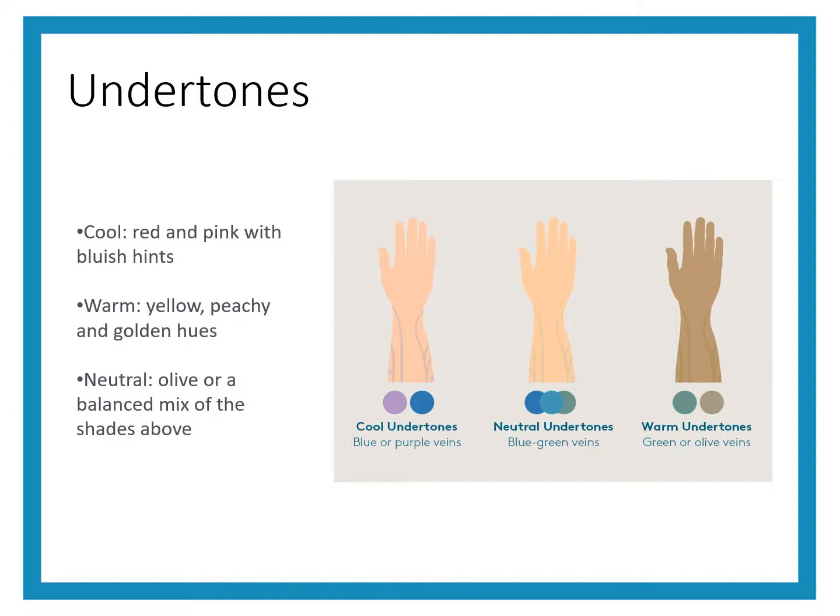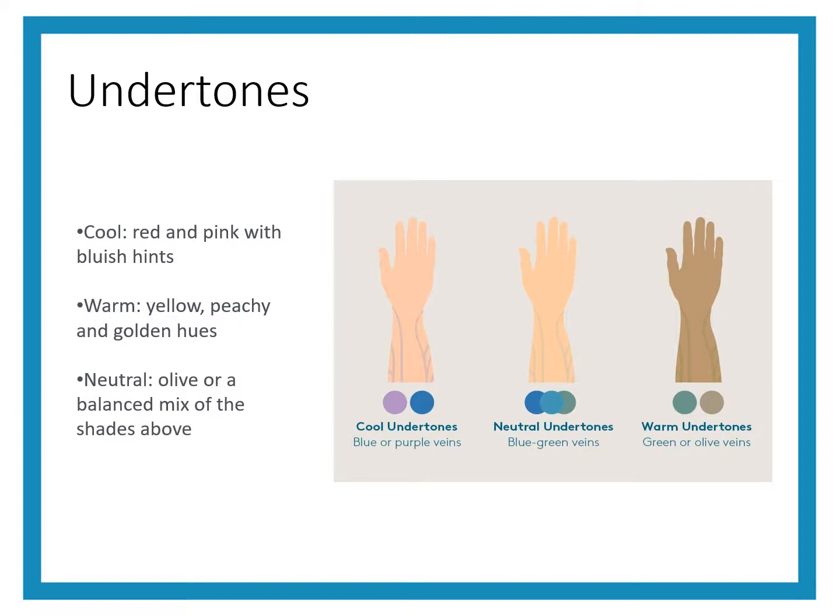And this determines what types of reds and other colors go well with your skin. In the case of cool undertones, reds and pinks of the more blue variety are going to go better with your skin type.